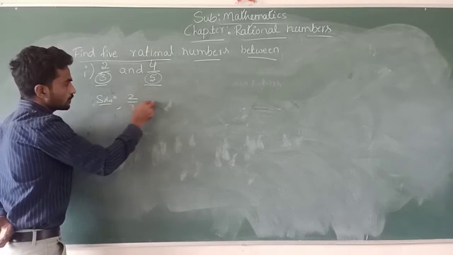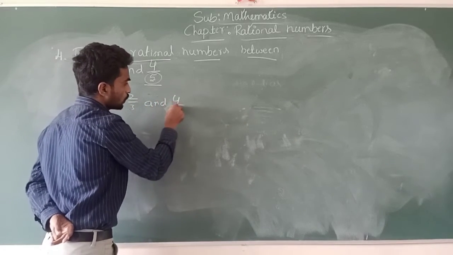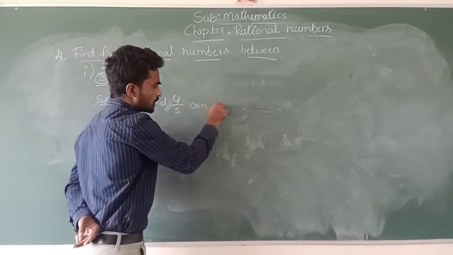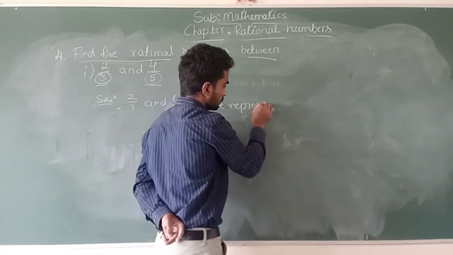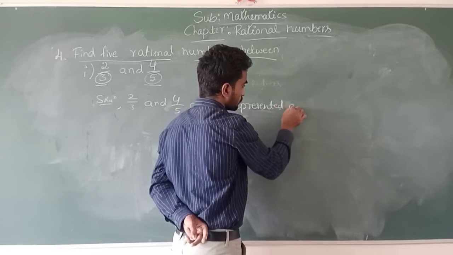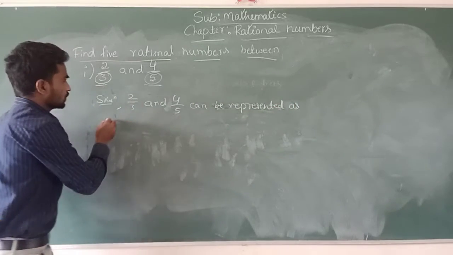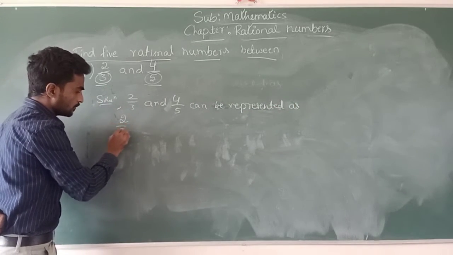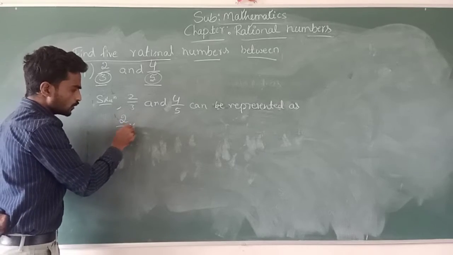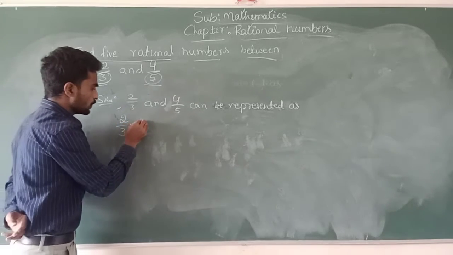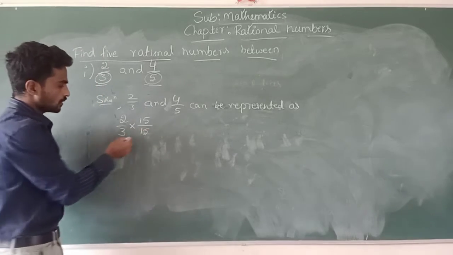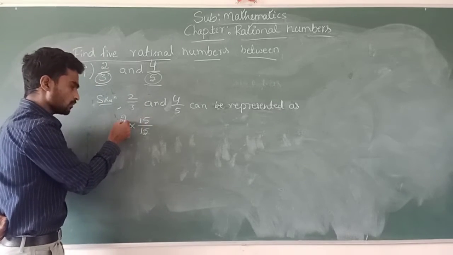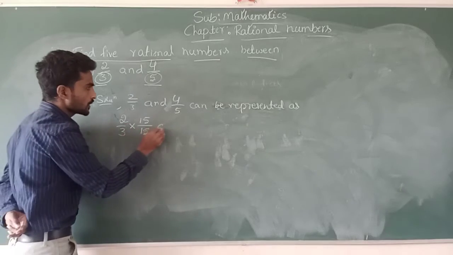Now we convert into the same denominator. Solution: 2 by 3 and 4 by 5 can be represented as, 2 by 3 multiplied and divided by 15. Again the 15 cancels out, and we get 2 by 3.